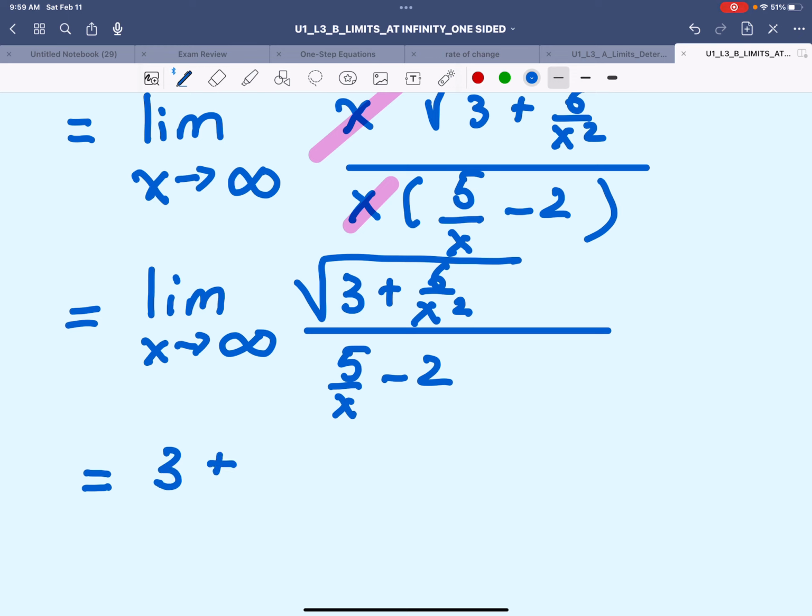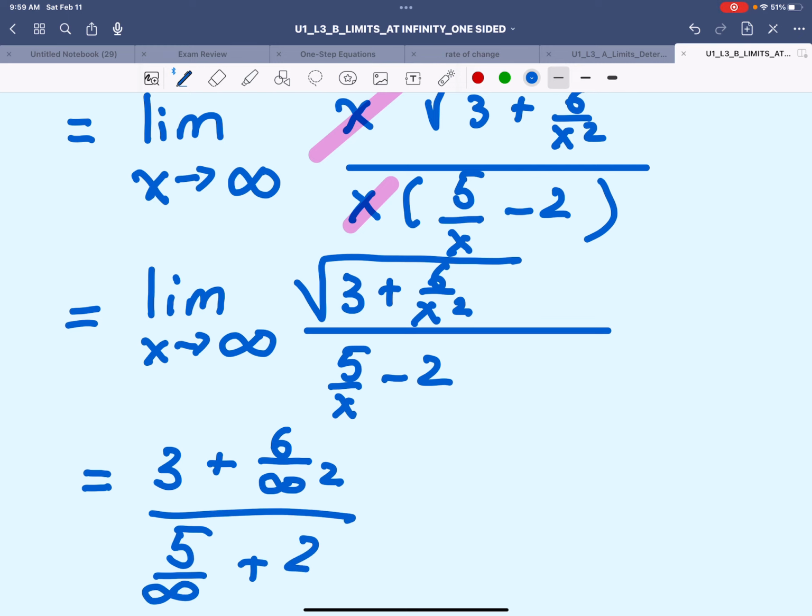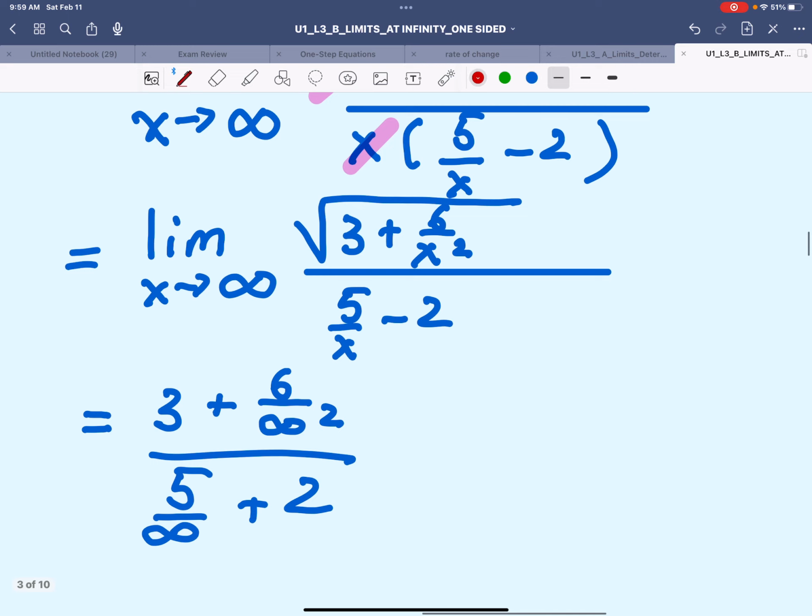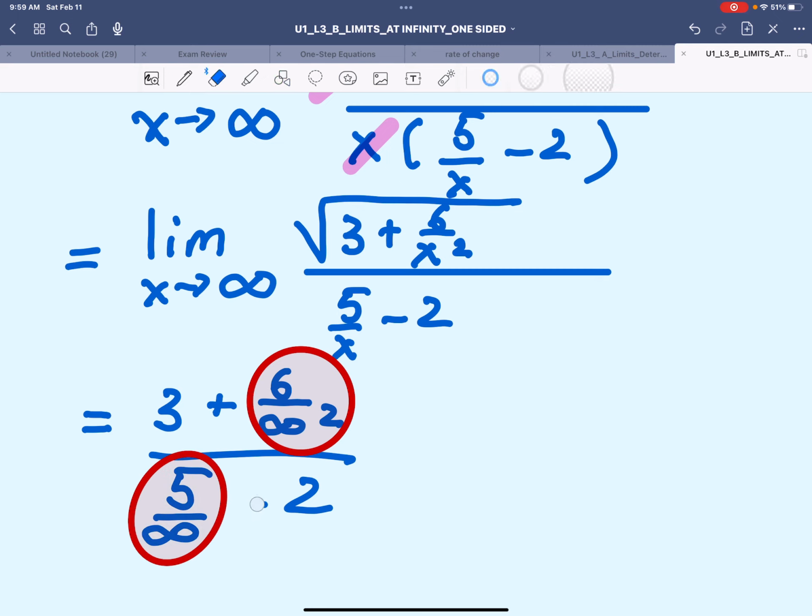And we have 3 plus 6 over infinity squared over 5 over infinity plus 2. So we know that dividing a number by infinity will give us 0. We're going to have 0 here, and that's a minus, obviously.